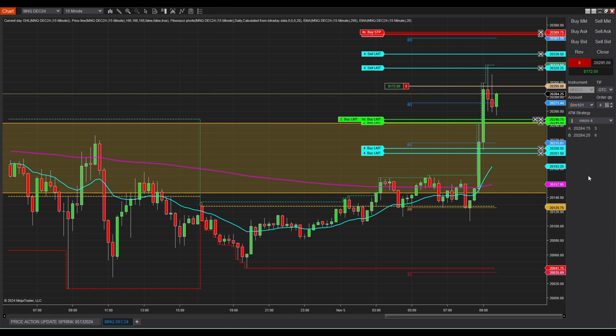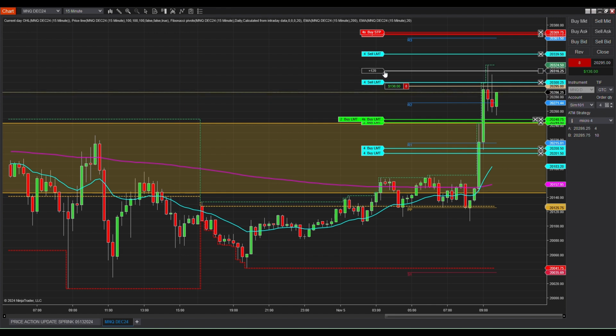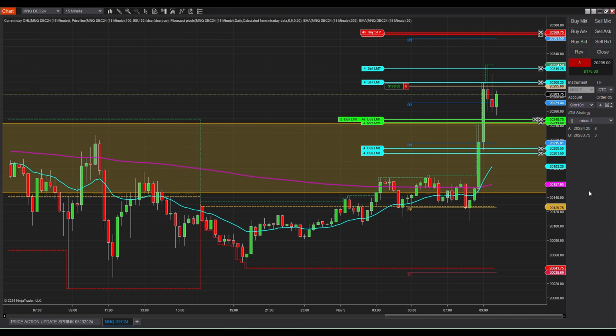Let's try to make another up move. Just wait for this to go back to the IBR high of the 15-minute. Been in this trade 32 minutes right now.